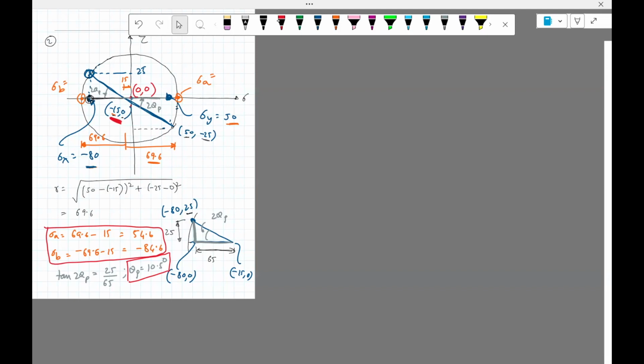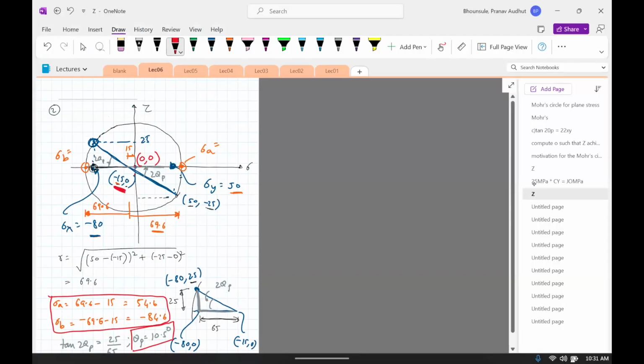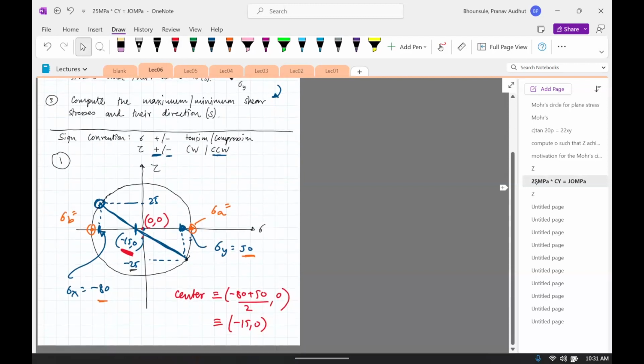So this completes part 2, which is principal stresses and the direction of the principal stress. Okay, there's one more thing left. We need to compute the maximum shear stress and the direction of the maximum shear stress. Let me use this figure again.